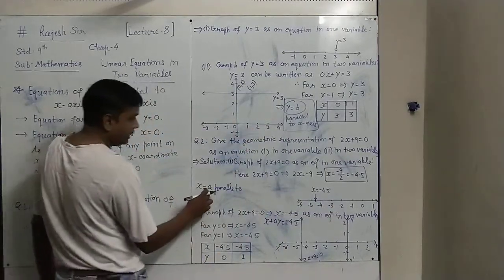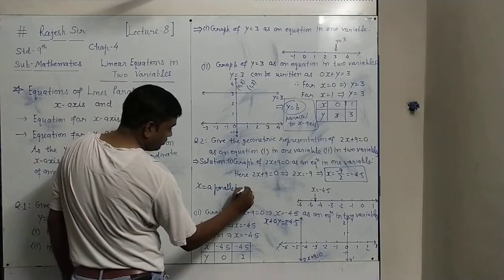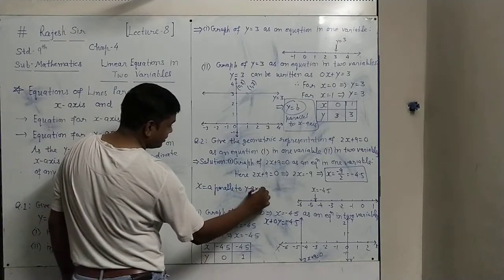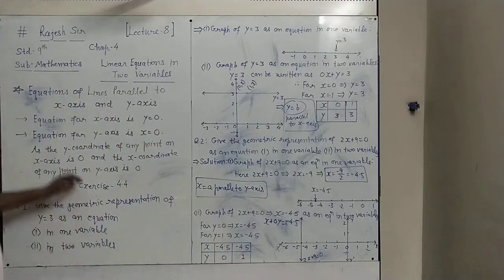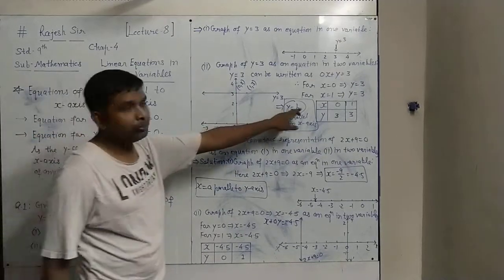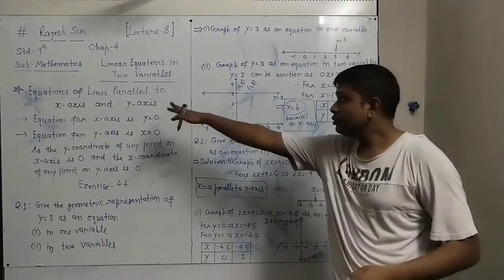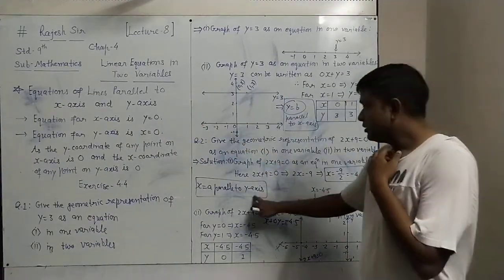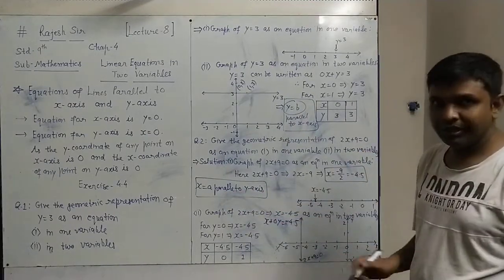So x equal to any real number a will be parallel to the y-axis. This is the next point we have to note. A line parallel to the x-axis will always be of the type y equal to b, some real number, and a line parallel to the y-axis will always be of the type x equals some constant value or real number.